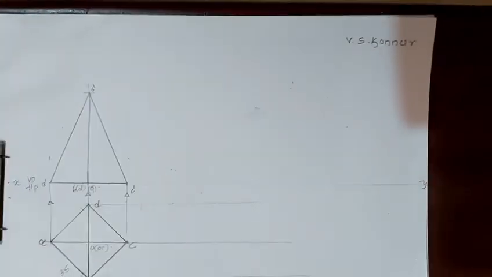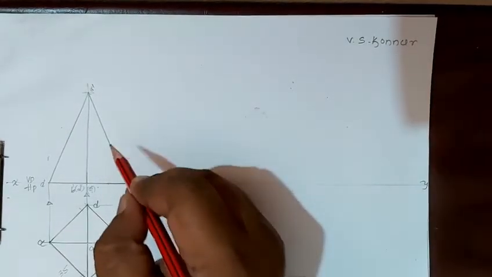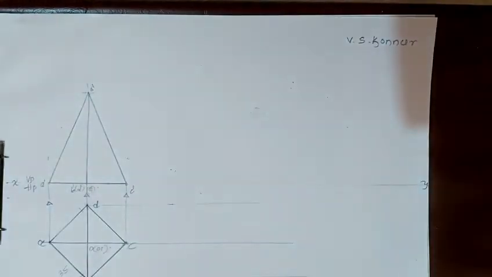Because OB is the edge, this OB edge overlaps O O1, because of that the axis line is not visible. Now, it is resting on one of its slant edges.